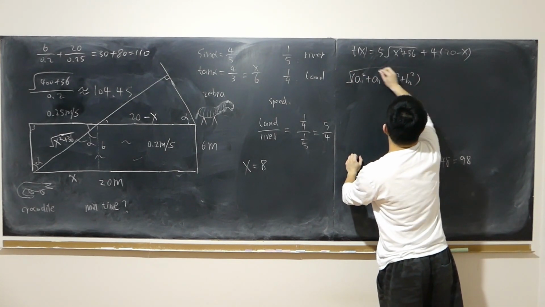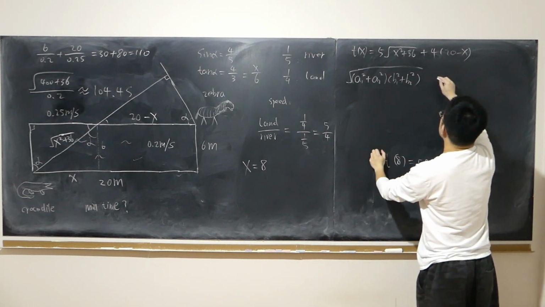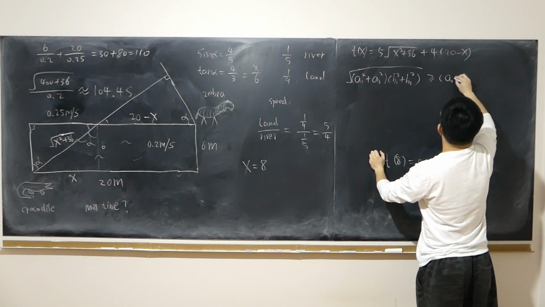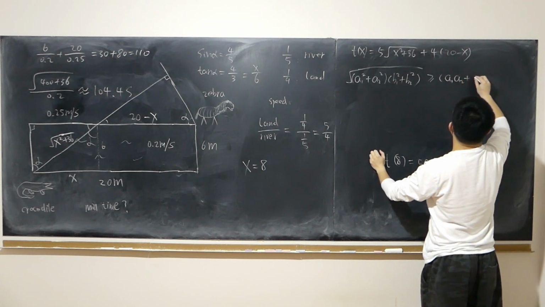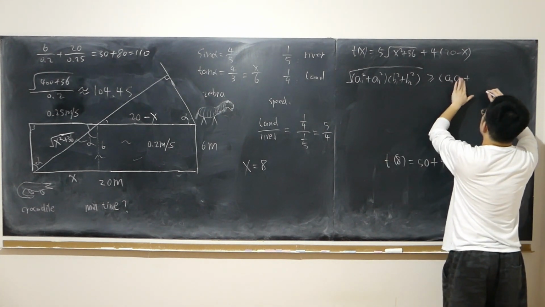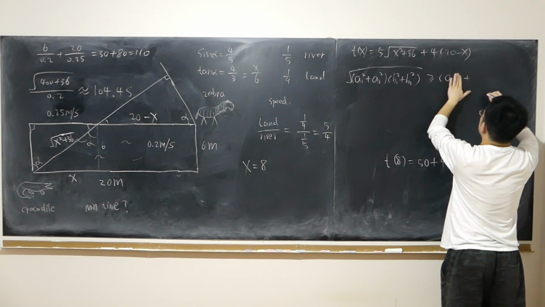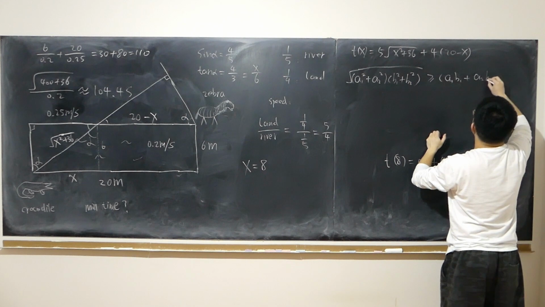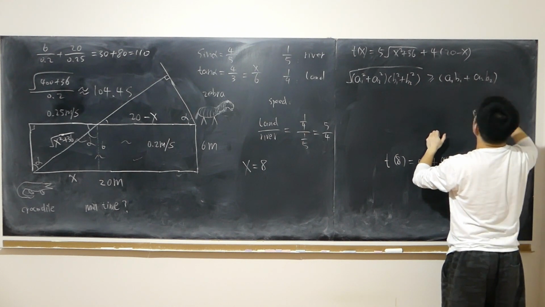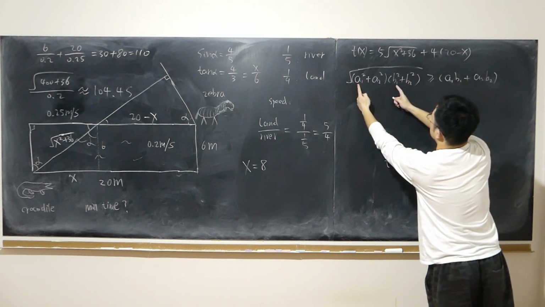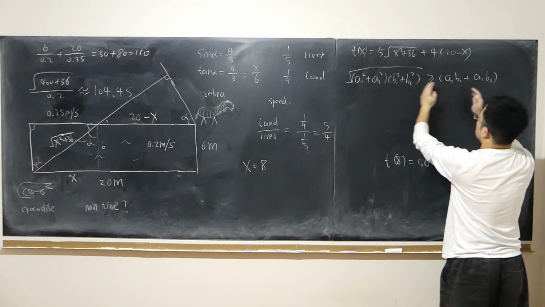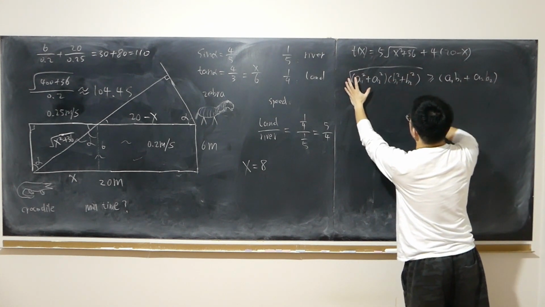Taking the square root, this is bigger than or equal to a1 b1 plus a2 b2. Okay? So a1 b1 plus a2 b2. There's no square because I've already taken the square root on this side.